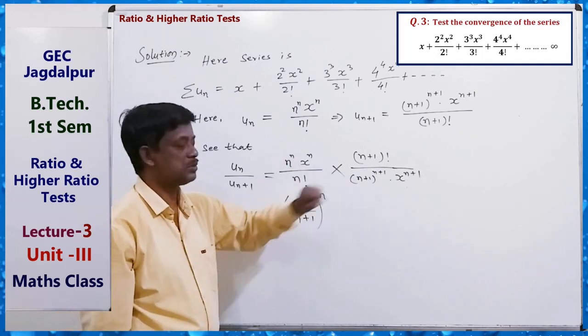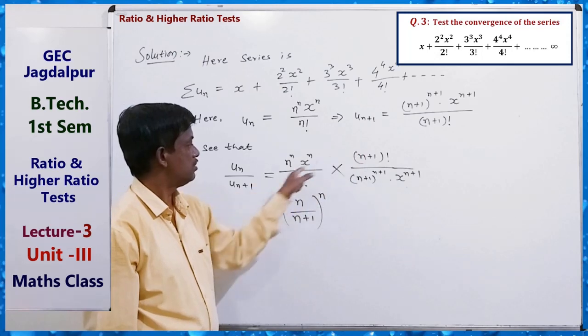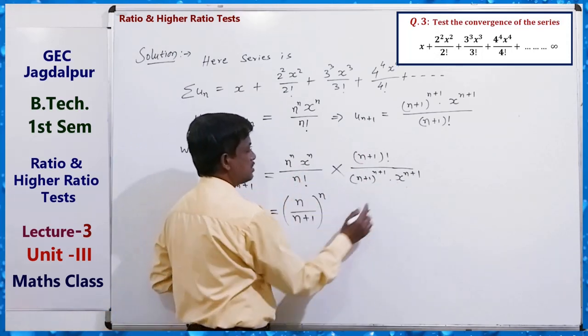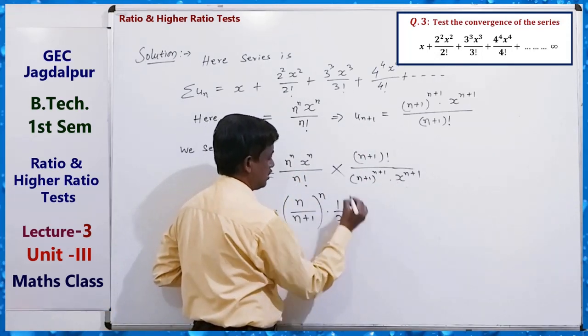X to the power n cancels, leaving 1 by x.